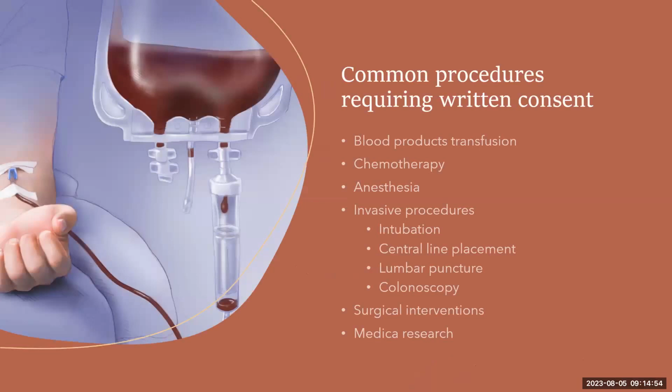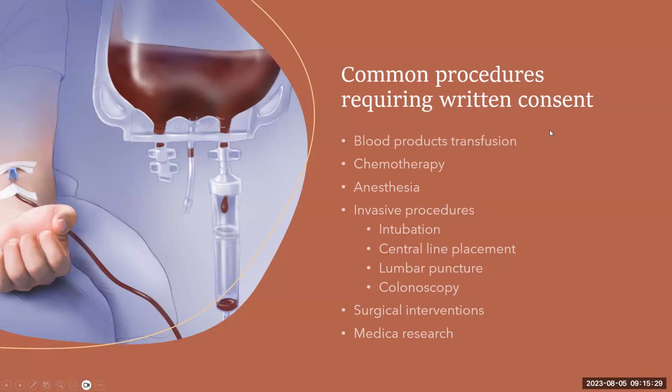All right. So here are a few common procedures that require consent. This is definitely nowhere near an exhaustive list, and what requires consent is usually different in different institutions. So the best way is to refer to your institution and ask what kind of procedures you need consent for. That would be the most important part. But the thing that we get consent for the most is any kind of blood product transfusion.